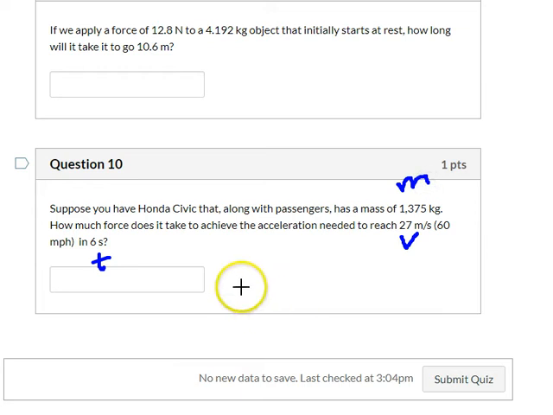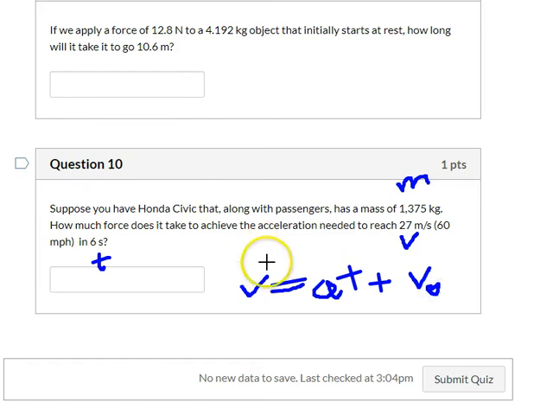Now we have the equation v equals a t plus v naught. V naught is going to be 0.